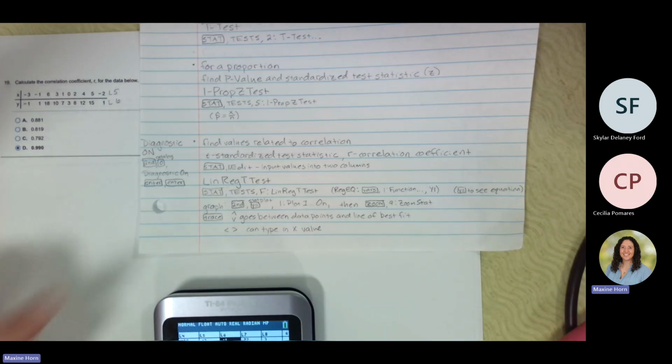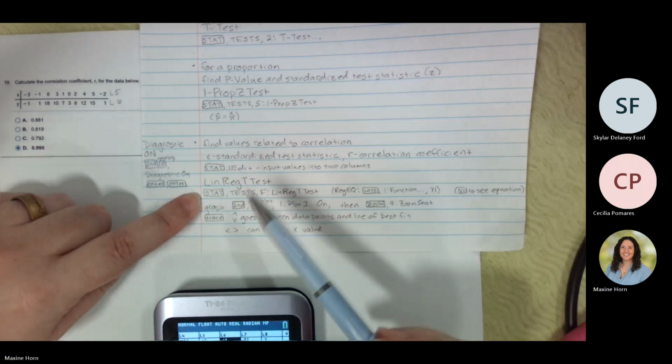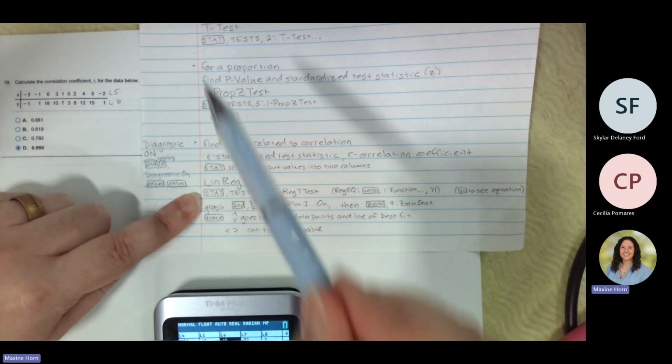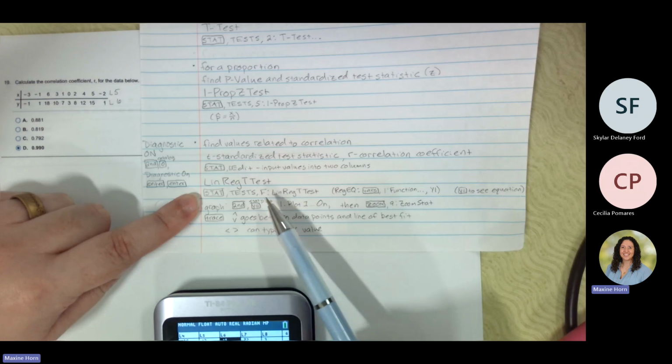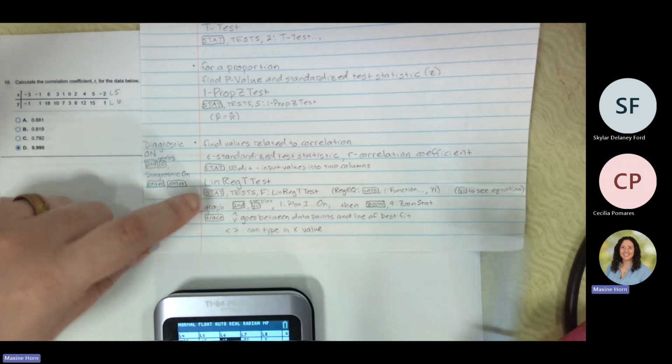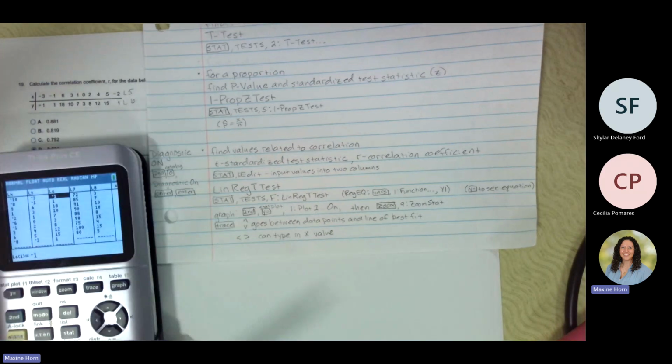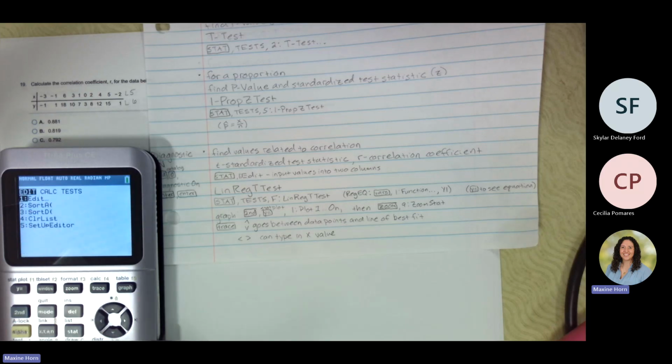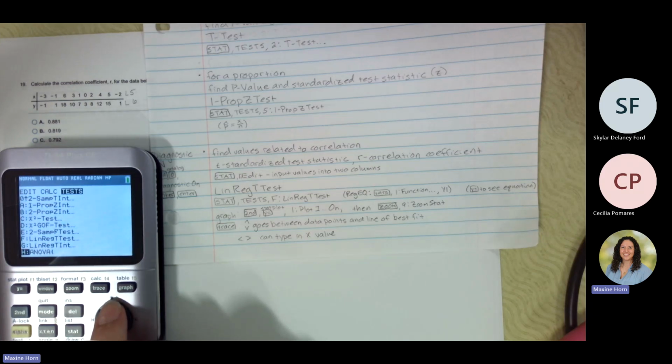So we're going to go to stat, test, same place that we were going for other tests, but this is all the way down at F, linear regression t-test. I go to stat, tests, and I can either arrow all the way down to F, or if I go stat tests, I can arrow up and it takes me to the bottom of the list, and F is closer to the bottom.